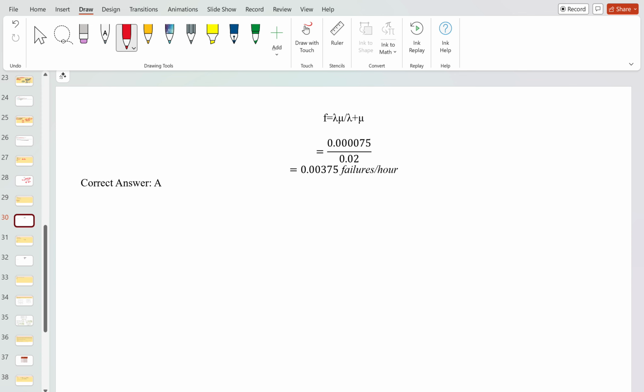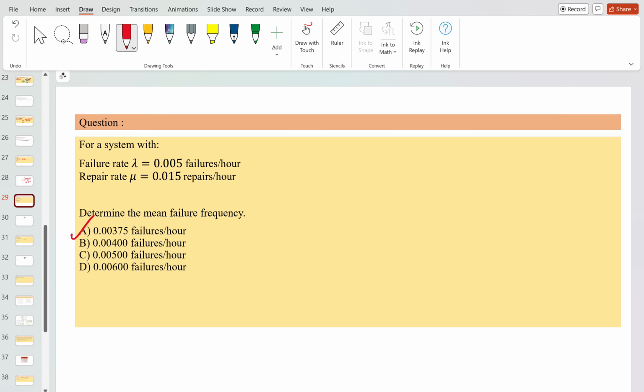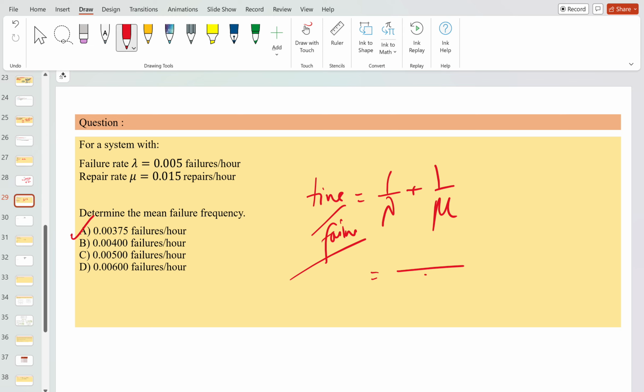So we already know that failure time is basically the overall time, lambda over lambda, 1 upon mu per failure. So it's lambda mu divided by mu plus lambda, but it is asking here for the failure frequency. Frequency will be equal to lambda mu divided by mu plus lambda. So it will come out to be option A.